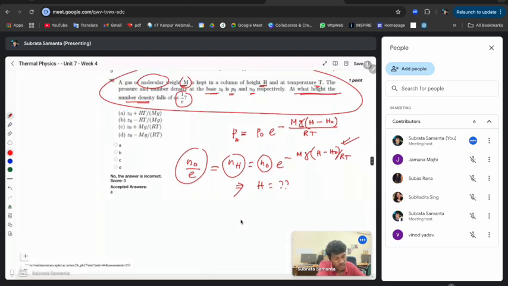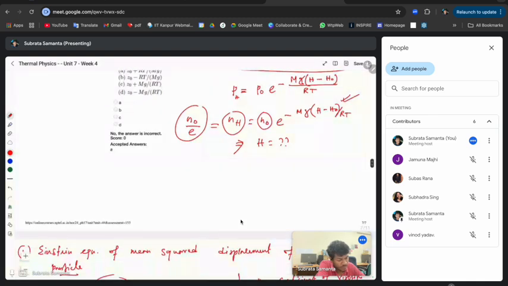I have to calculate h. So n naught over e equals n naught times e to the power minus mg(h minus h naught) over RT.